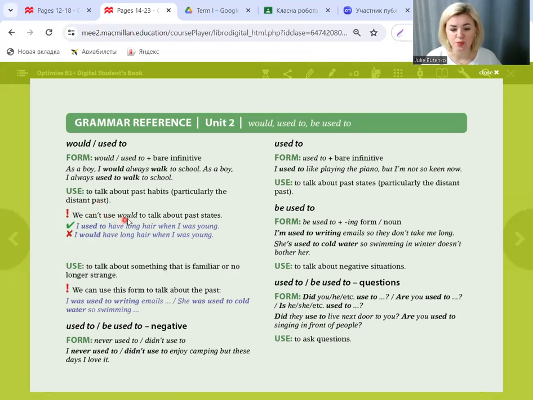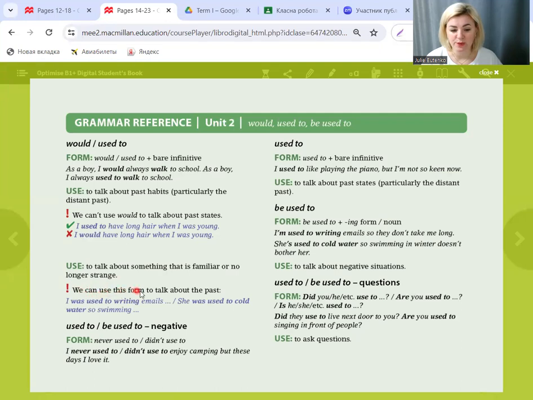We can't use would to talk about past states. I used to have long hair when I was young. And we can't say, I would have long hair when I was young. Also, we use used to and be used to talk about something that is familiar or no longer strange.